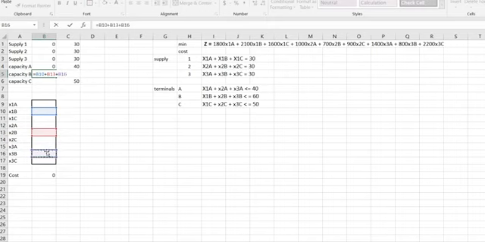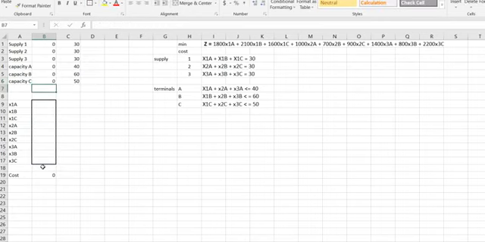Everything that goes to terminal B. Everything that goes to terminal C equals 1C, 2C, 3C. So they're starting at the warehouse and going to a terminal. Trucks could go from 1 to A, 1 to B, 1 to C. They could go from 2 to A, 2 to B, 2 to C. They can go from 3 to A, 3 to B, 3 to C.